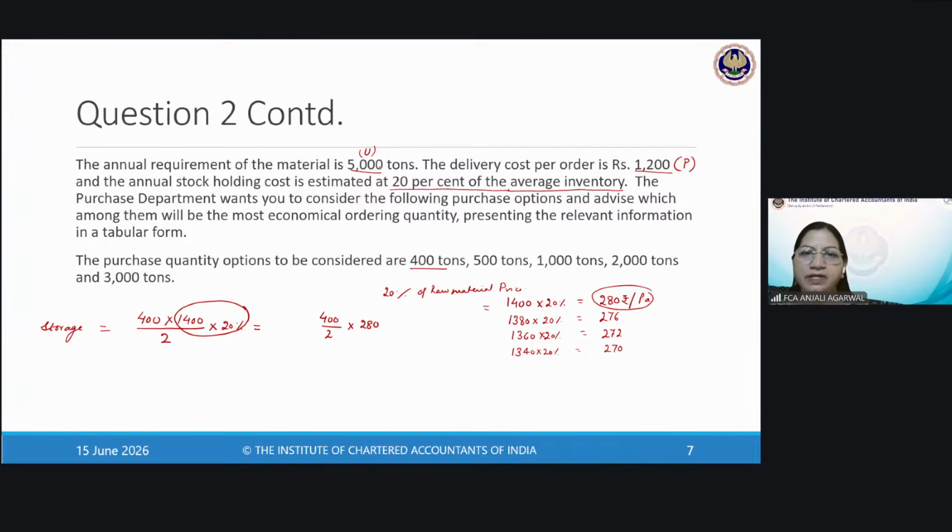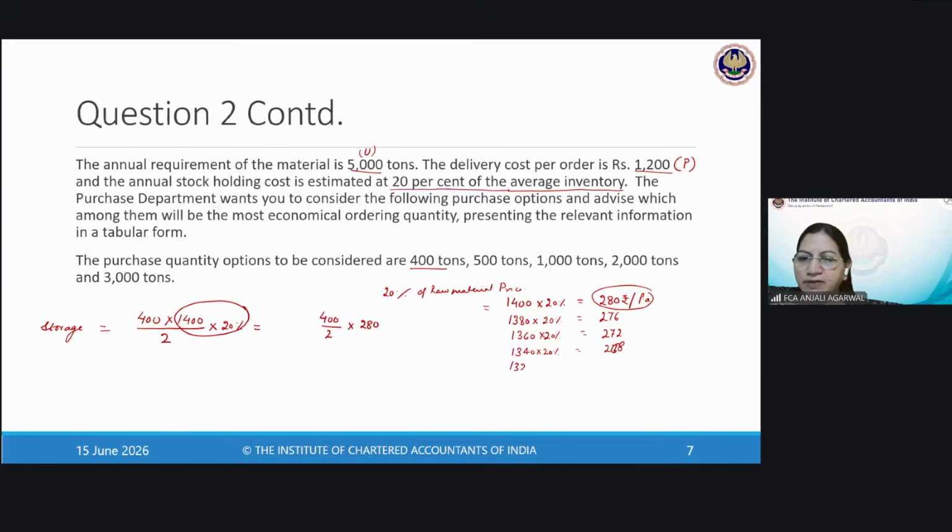So the annual requirement is 5,000, which is... yeah, it will be 268, right? 4 rupees will be reduced for every step.